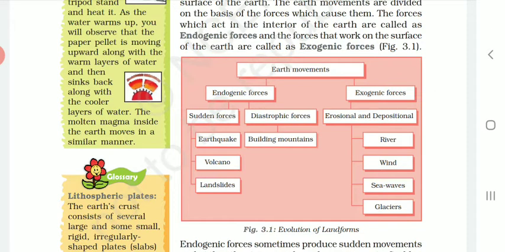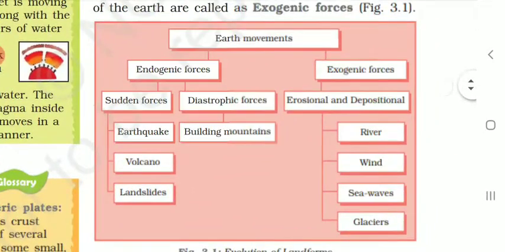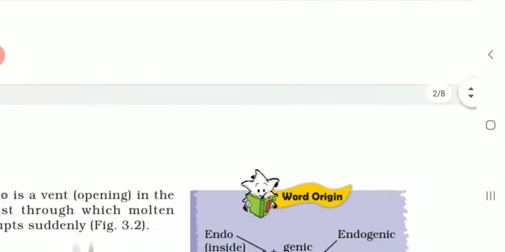Then, we have also discussed figure 3.1, that is, the two types of forces which are causing things inside the earth and outside the earth, and these are endogenic forces and exogenic forces. What kind of things are getting generated or taking place on the surface of the earth, that we have seen with the help of this.